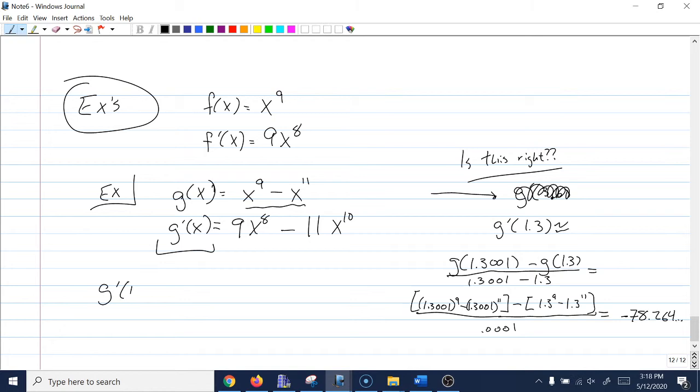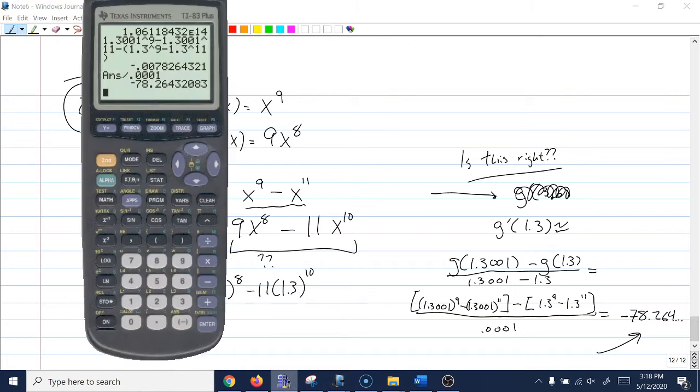If the power rule works, then g prime of 1.3, the thing we estimate by doing this, should be computable exactly by doing this. G prime of 1.3 is 9 times 1.3 to the 8 minus 11 times 1.3 to the 10. I'll stick it into my calculator and find out.